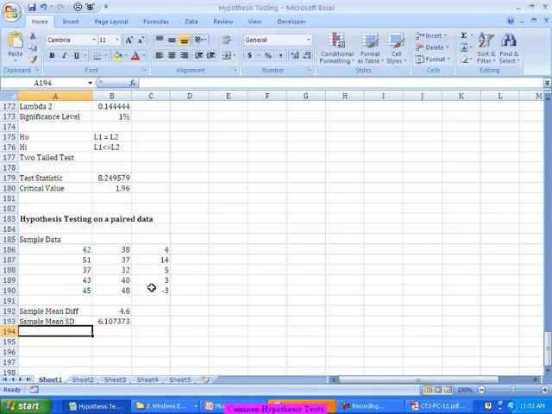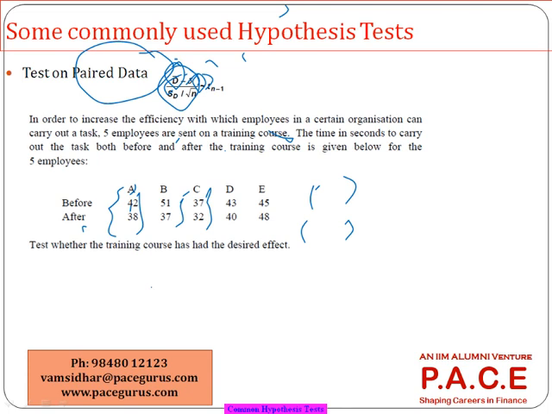And the null hypothesis for us is that before and after there is no difference, which means the difference at each of the individual layers is 0, whereas the alternate hypothesis is the difference not equal to 0. If the question is about whether the training has the desired effect, then actually I want to look at whether there is an improvement.